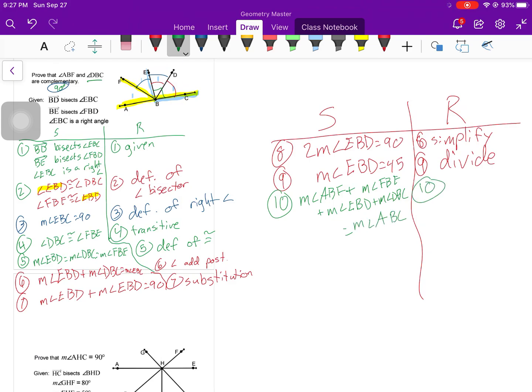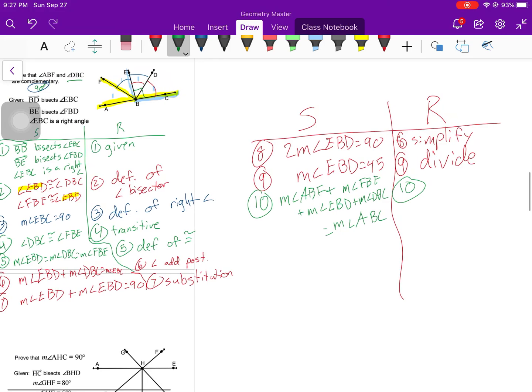This is another linear pair, or another angle addition postulate. If you wanted to, you could have lumped this part into step 5 or step 6 there, but we would not have used that information all at once. So sometimes if you lump things into one step, it makes your proof look shorter because you have fewer steps, even though you did the same amount of work.